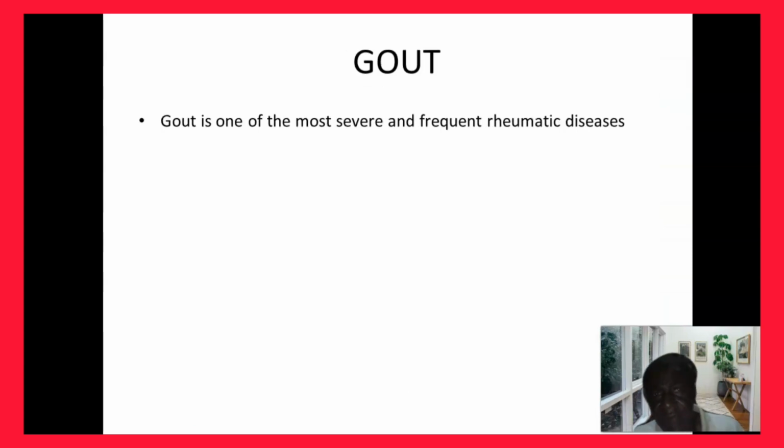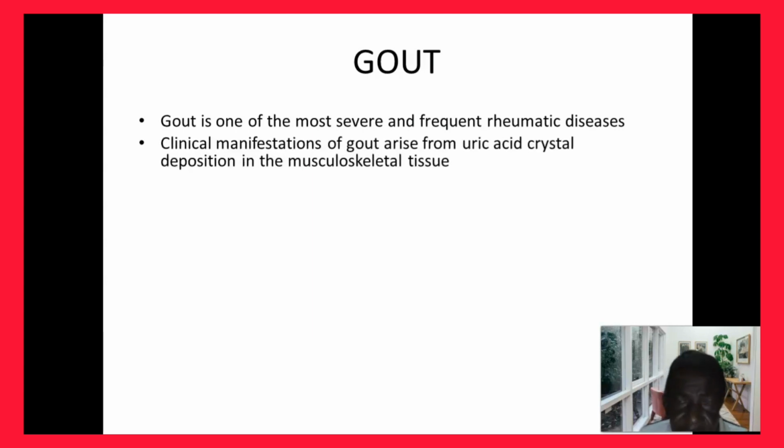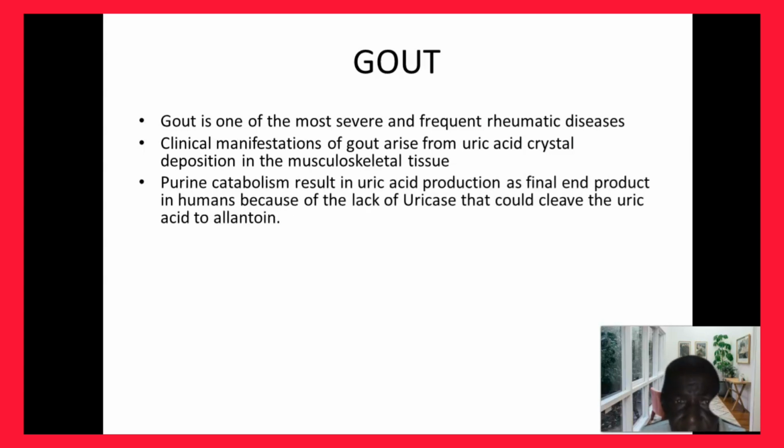Gout is another form of arthritis. Gout is one of the most severe frequent rheumatoid conditions. The clinical manifestation of gout arises from uric acid crystal deposition in the musculoskeletal tissue during purine catabolism.